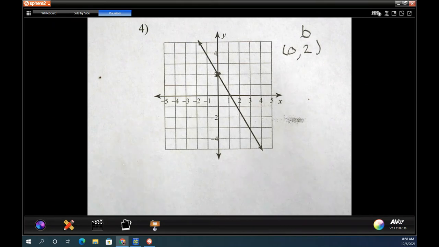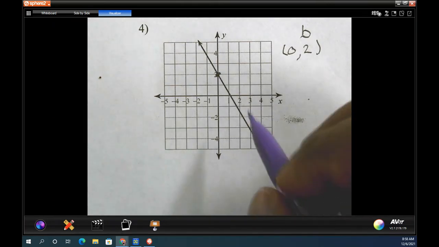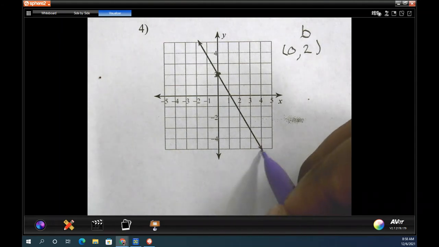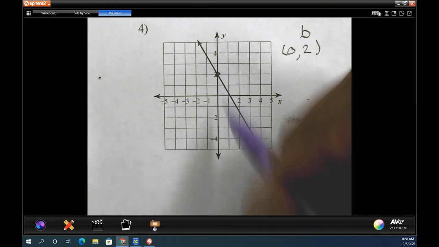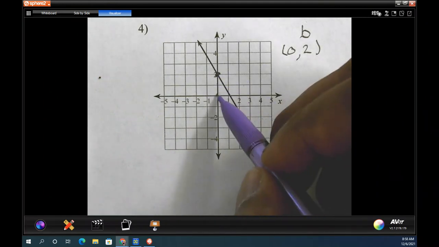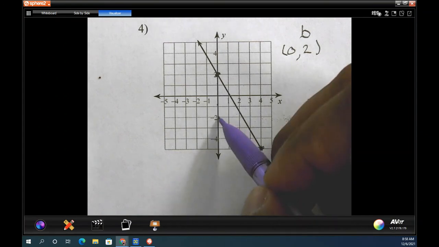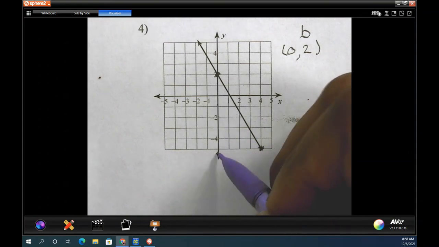Now, let's see if we can find a point that it goes through. I don't think it goes through anything till down here. All righty. So it goes down. We got to count down. 1, 2, 3, 4, 5, 6, 7.